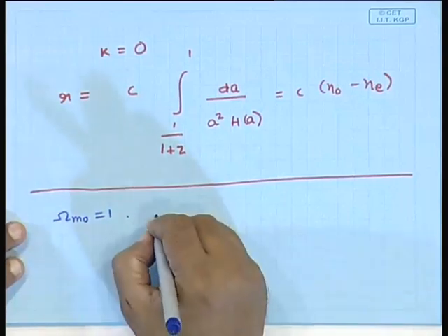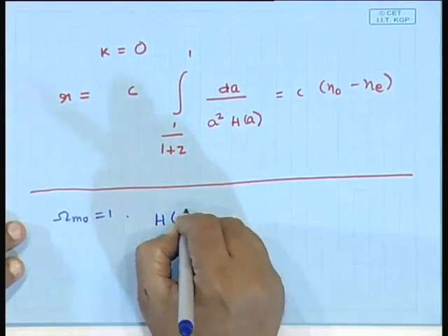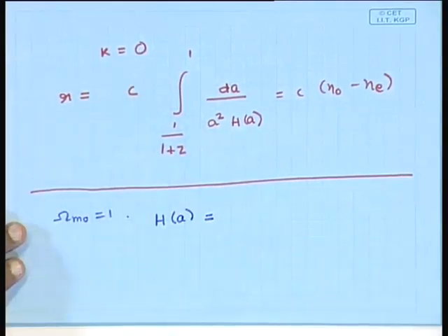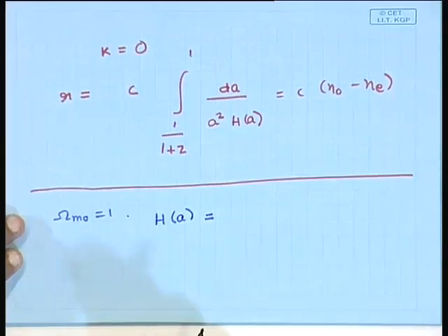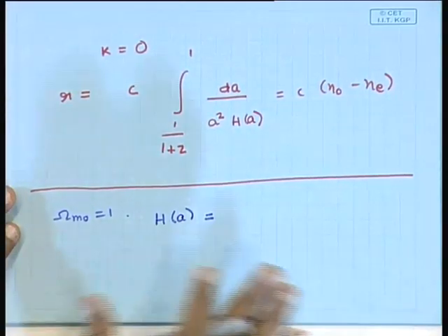So, in this model, what is the form of H(A)? This is something which you should remember. We are going to use this again and again. I had told you that this is very important.